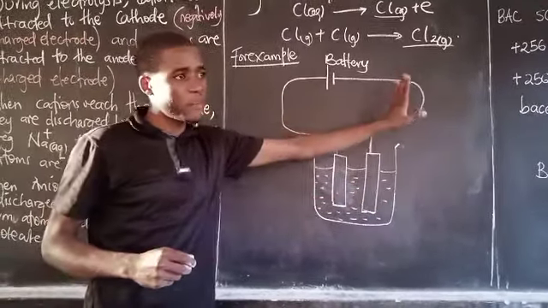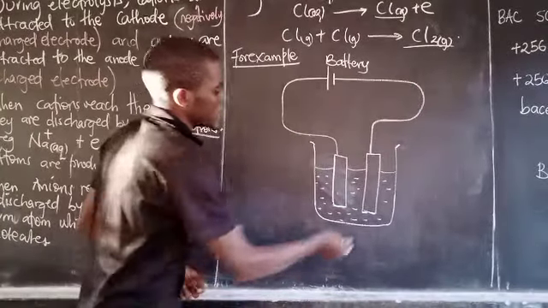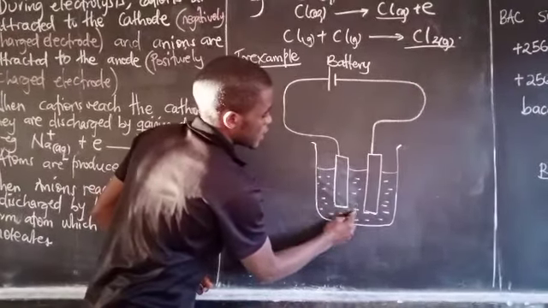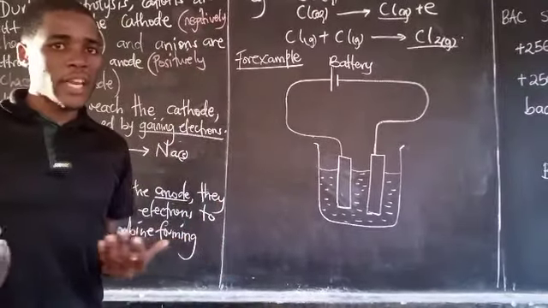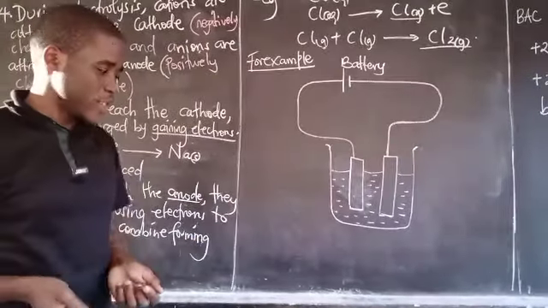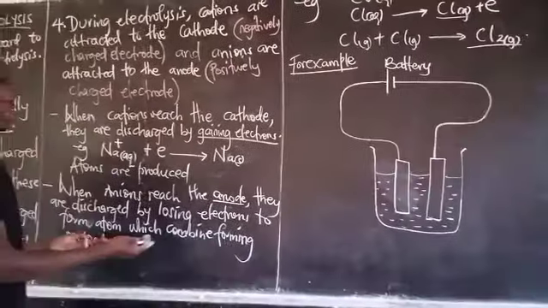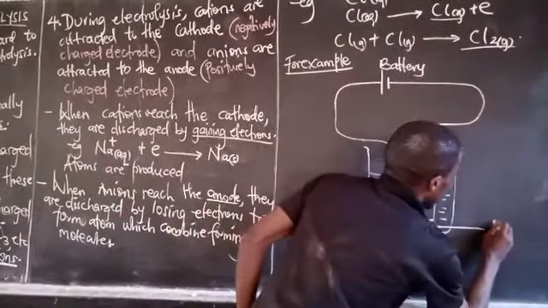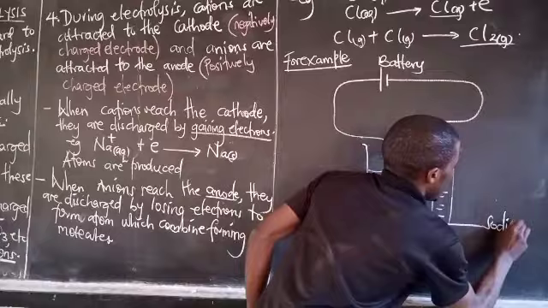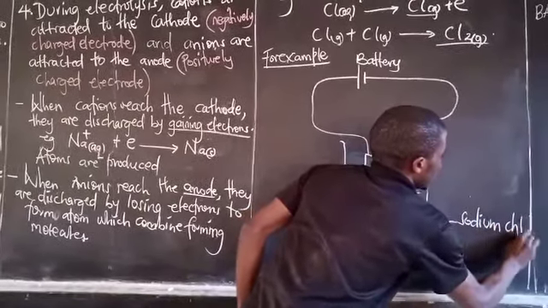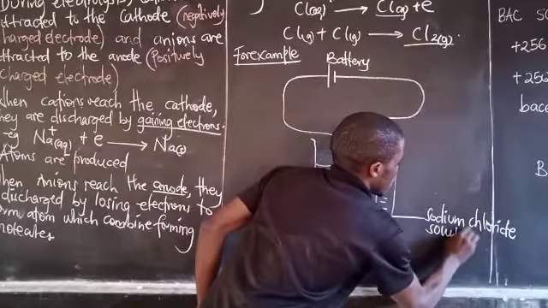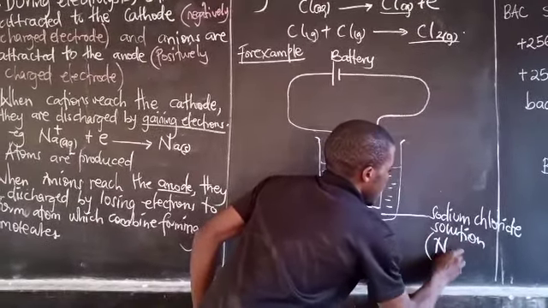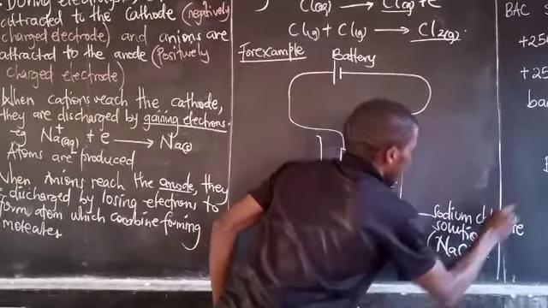We have removed the bulb because we are sure that if this is an electrolyte, the bulb must produce light, because an electrolyte will conduct electricity. According to our explanation here, this electrolyte is actually sodium chloride solution. You can call it NaCl.